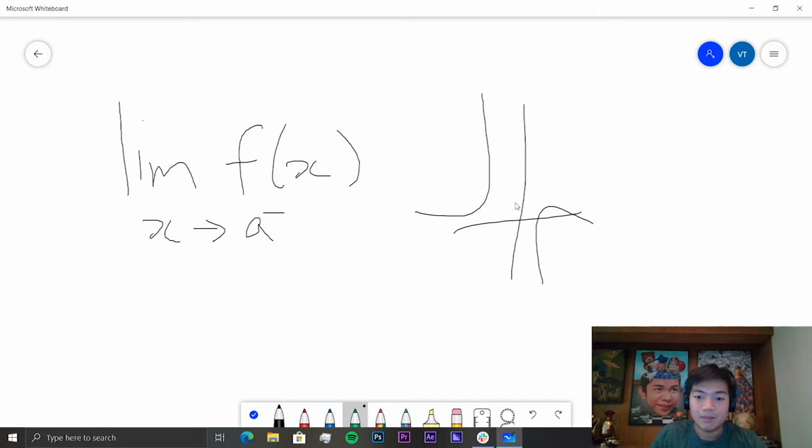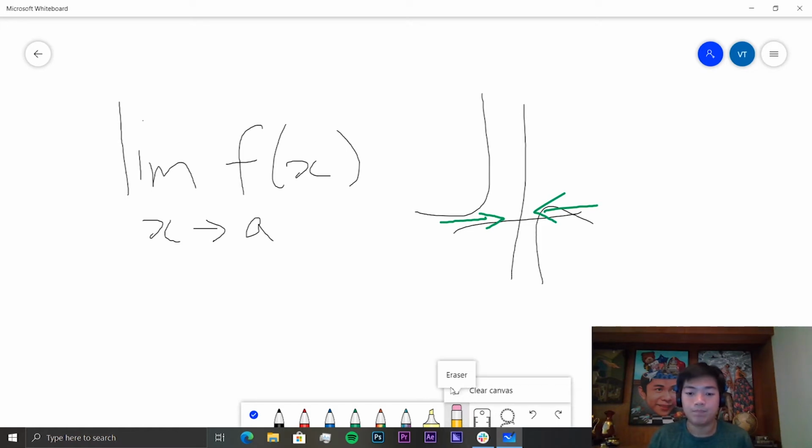If it's a minus sign, it means it's approaching a from the left. And if it's a plus sign, it means it's approaching a from the right. If you leave this symbol out, it means that the limit is the same for both directions. So for both directions in the curve or function, as they approach this value, the limit will approach the same value. So that's what a limit is.